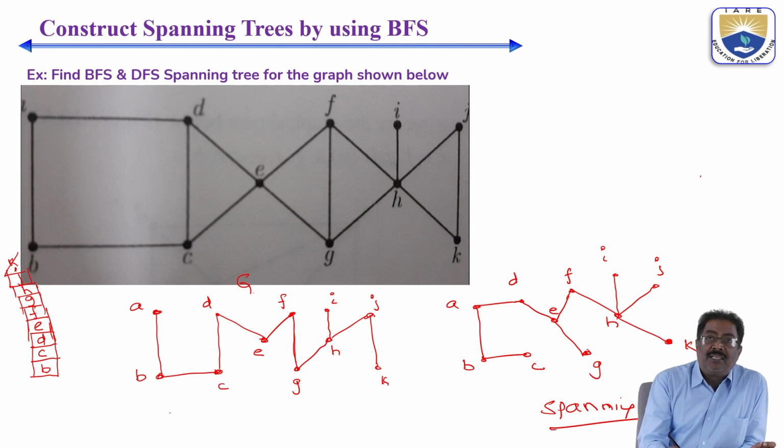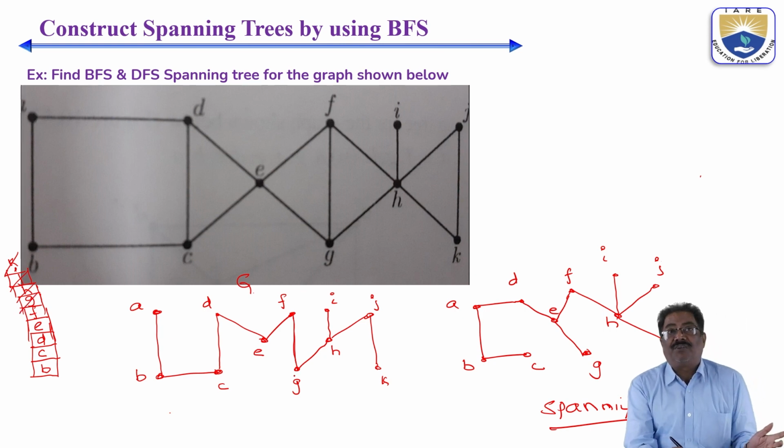Going back to J, we cannot find any other adjacent vertex from J, so we remove J from the stack, and then we go to H. From H there is none, and then we go to G, and G also has no other adjacent vertex other than the visited ones.